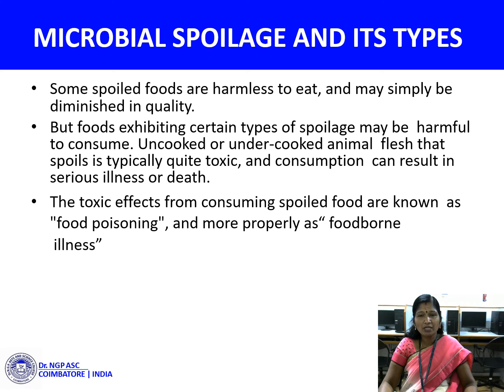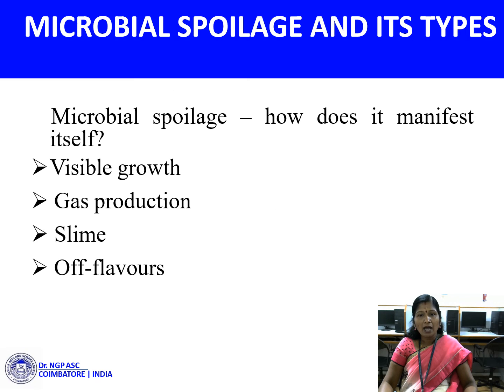The toxic effects from consuming such spoiled food are known as food poisoning, and more properly called foodborne illness. And this microbial spoilage, how does it manifest itself? How is food microbially infected? How does it contaminate the food? What are the four things that show food spoilage?